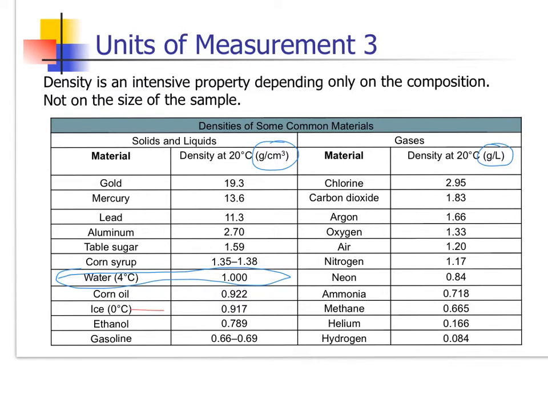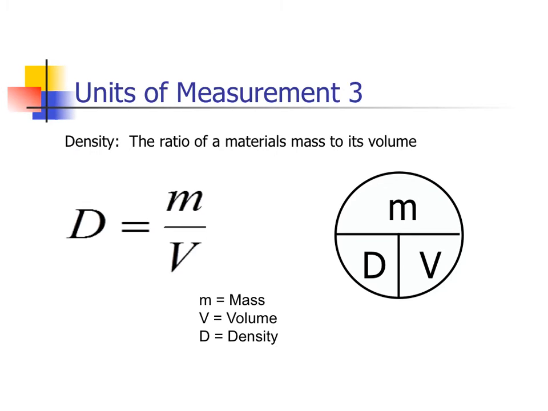We can actually calculate density: density is the ratio of a material's mass to its volume. So we have a very nice, rudimentary, algebraic equation: density is equal to mass divided by volume.